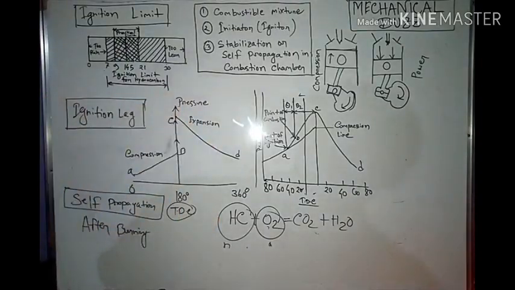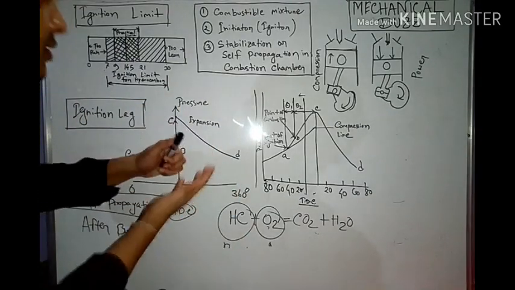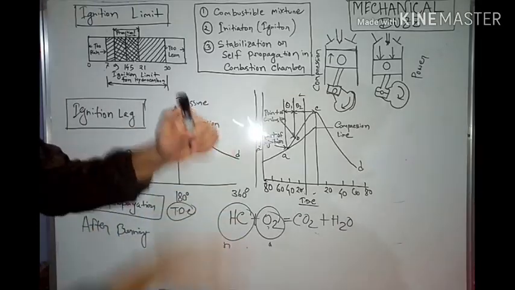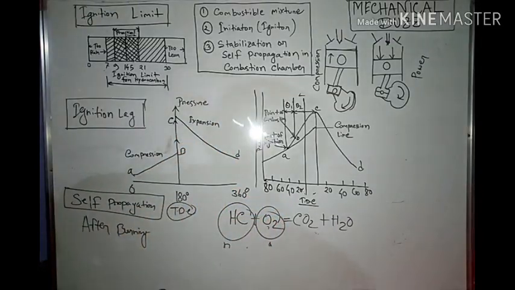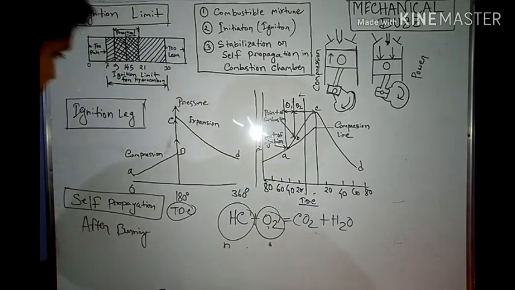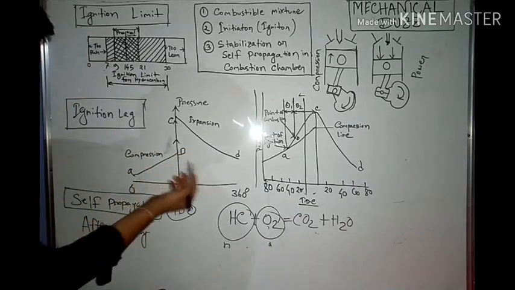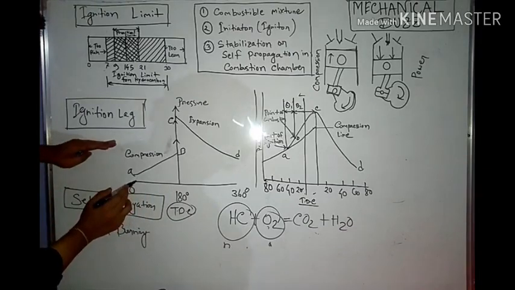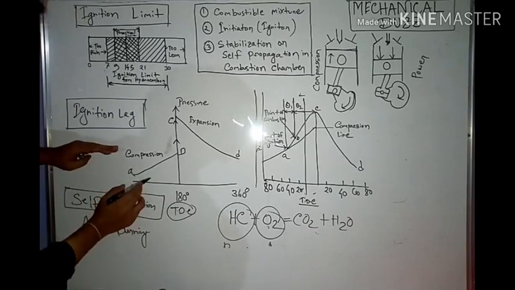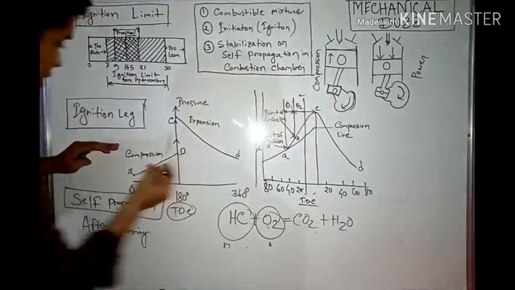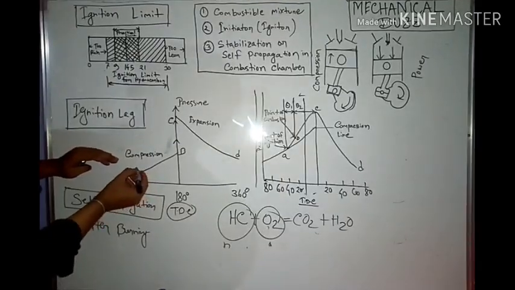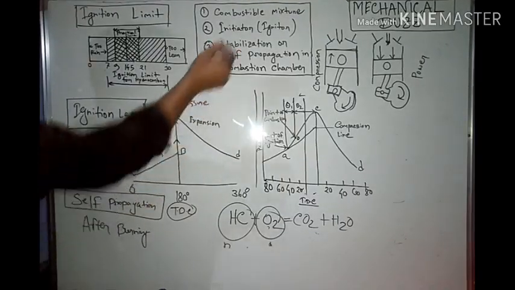As we discussed last video, if anything is compressed, then volume decreases and pressure increases. That's Boyle's law, thanks to Mr. Boyle. So in this diagram the piston is moving up, the crankshaft is rotating, and the piston is compressing something that can burn.